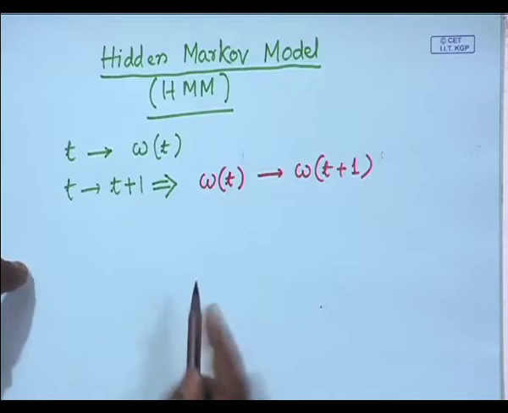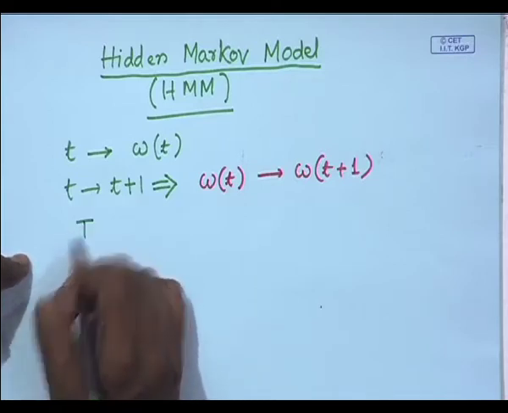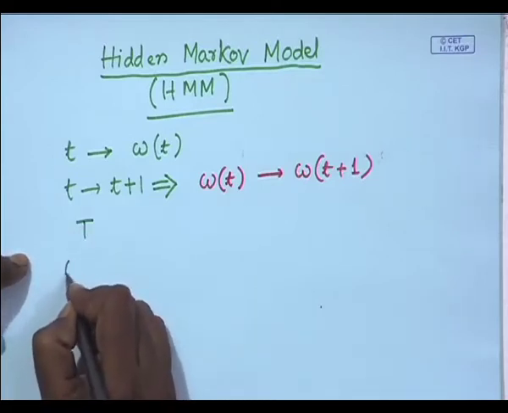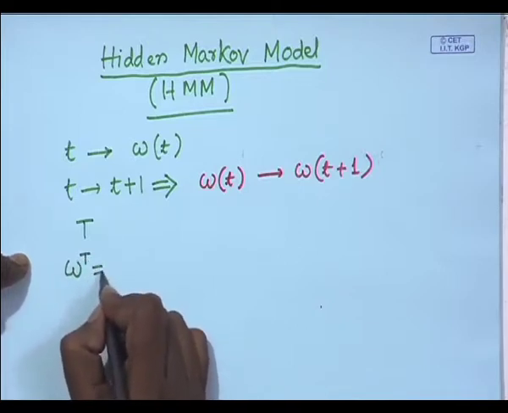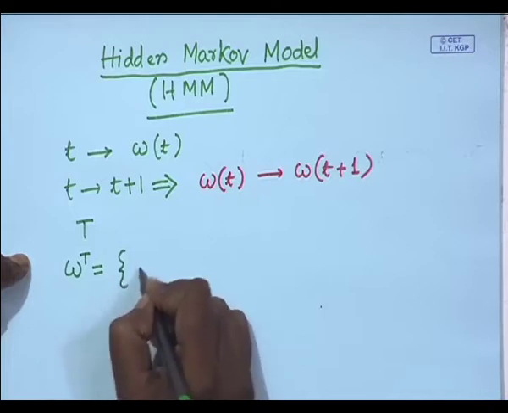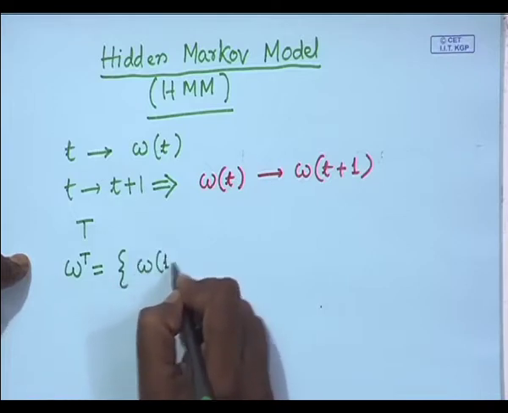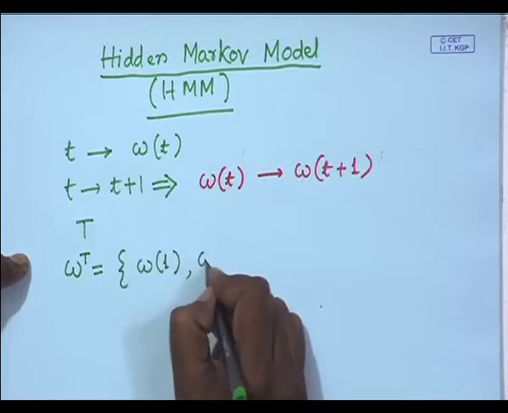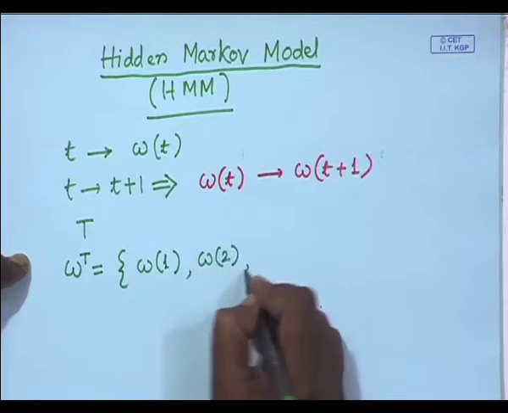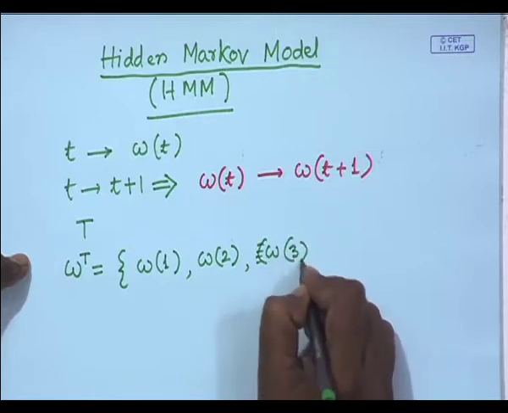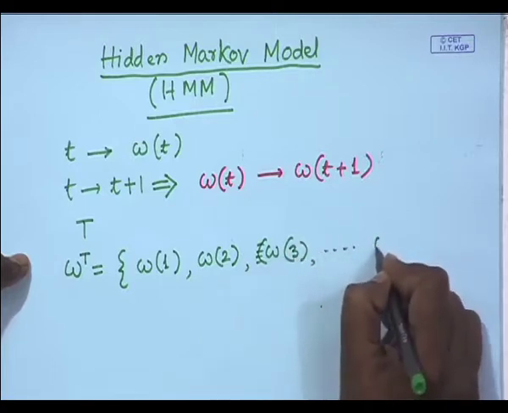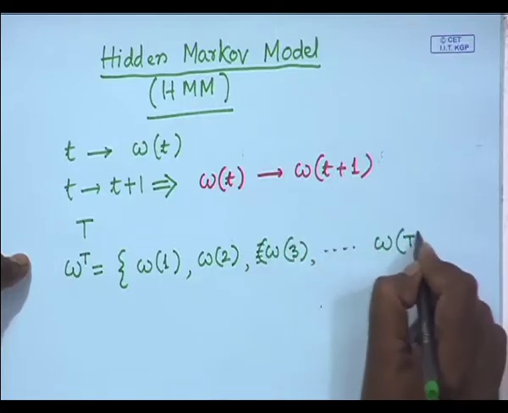Okay. And a sequence of states of length, say, capital T, is usually represented as omega superscript T, which is nothing but a sequence of states omega 1, omega 2, omega 3, continuing like this up to omega T.